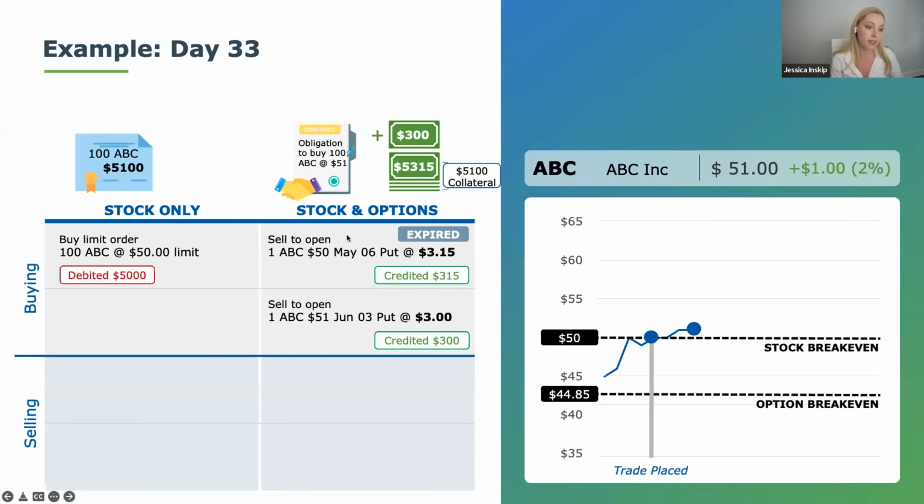So now they have an obligation to buy 100 ABC at 51. So this is $1 higher than the previous obligation. So therefore, this $3, that's where this difference is coming from. So they received $300 premium altogether, and now $5,100 worth of their cash is collateral.